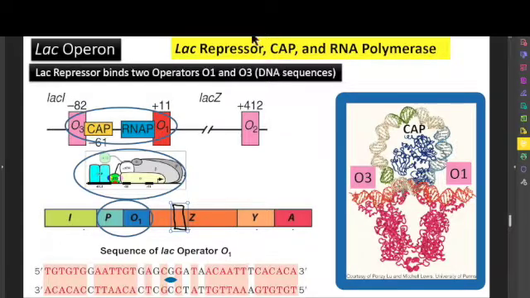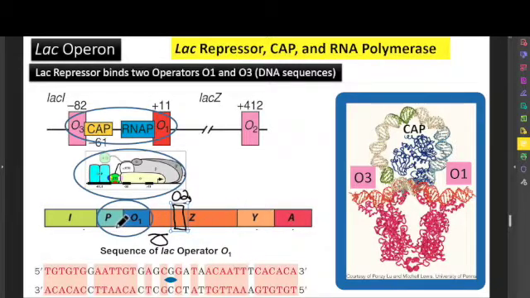When lac repressor binds, it will bind here and it will bind there. Excuse me, that was supposed to be O3. Goodness. O3. So that's what we're looking at here. To bind there and there, that's too far of a distance without the DNA in the middle looping. So this DNA in the middle will loop, bringing these two operators closer together, O1 and O3, when the lac repressor is binding it.